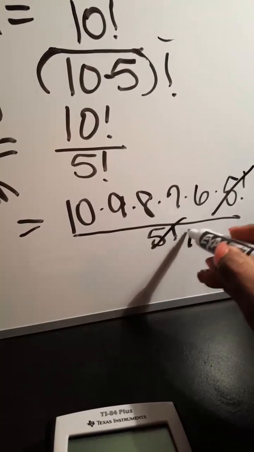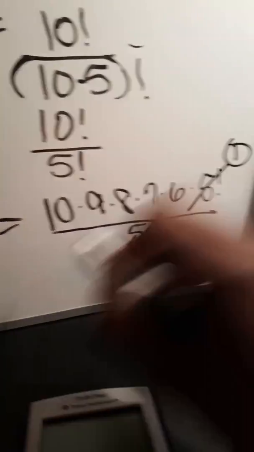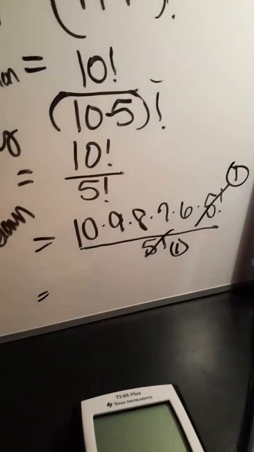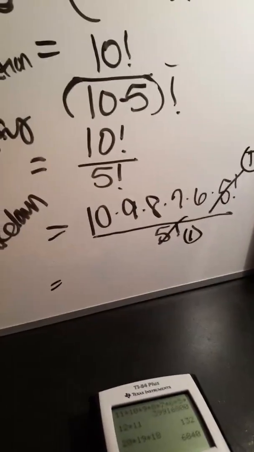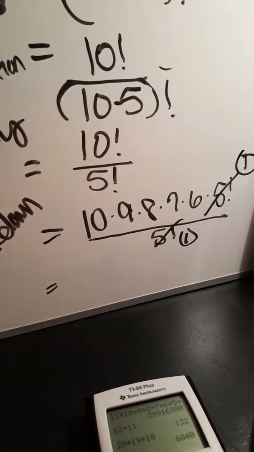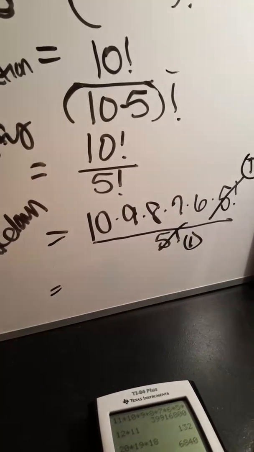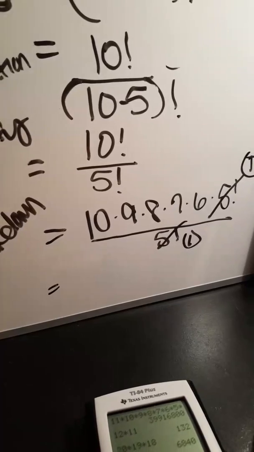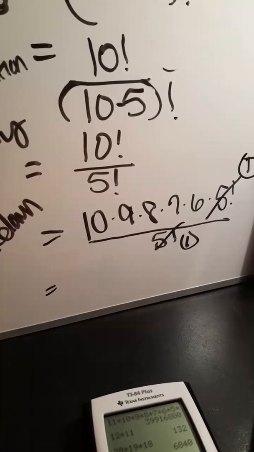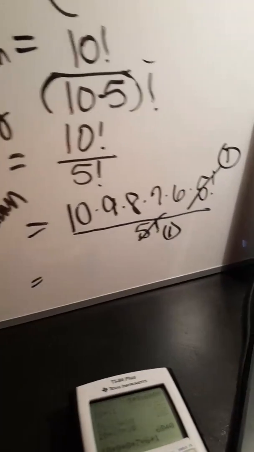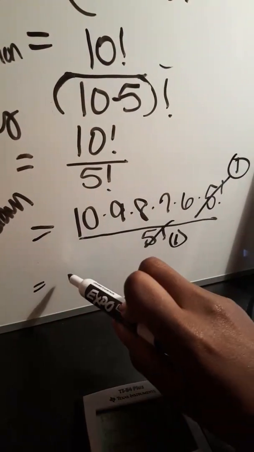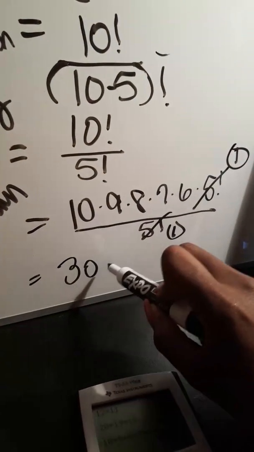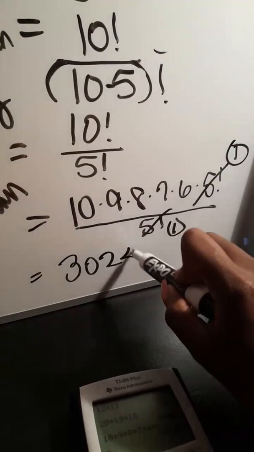Remember, both of the 5s cancel out to 1 and 1. And so to find our answer, we have 10 times 9 times 8 times 7 times 6 times 1. And our answer is 30,240.